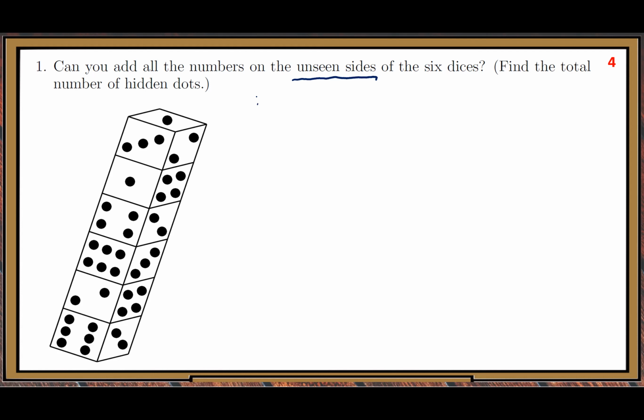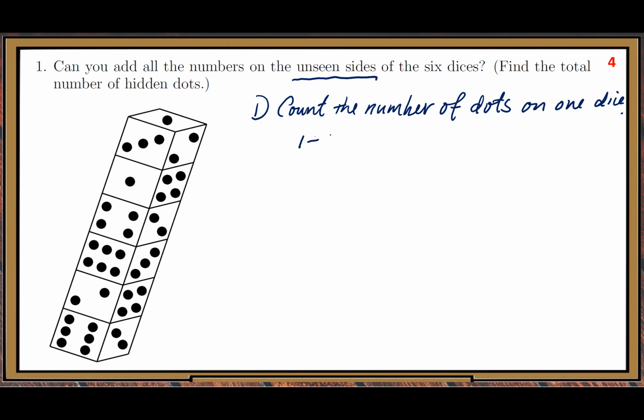So step 1, count the number of dots on one die, or dice. 1 plus 2 plus 3 plus 4 plus 5 plus 6, that's 21.